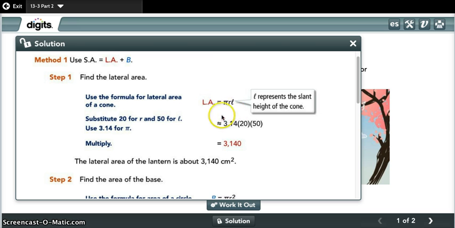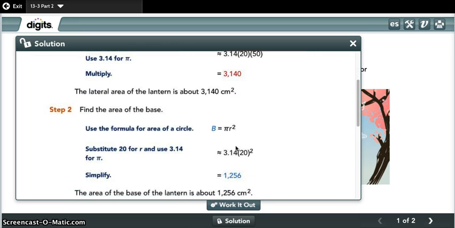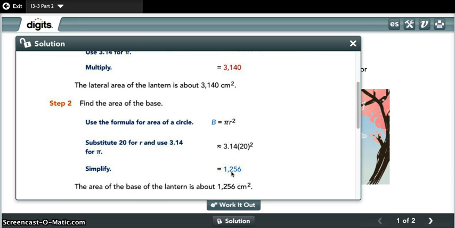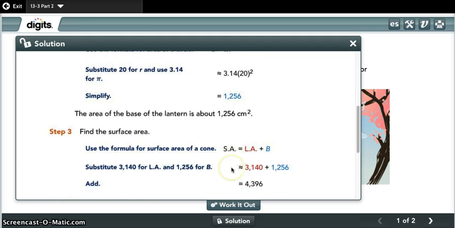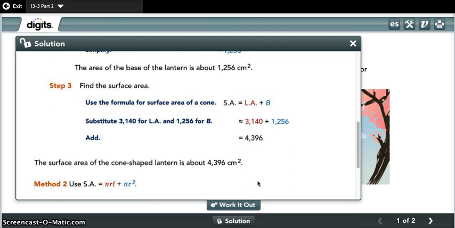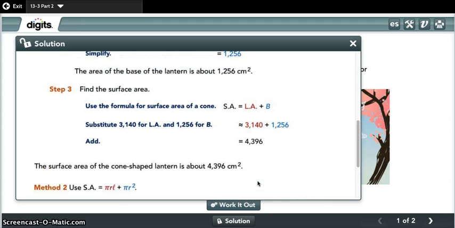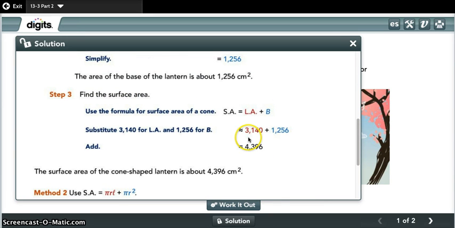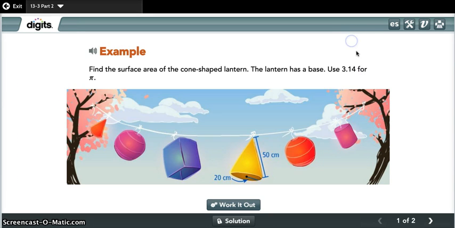So the lateral area, the area around the cone, is pi times the radius times the slant height. And they gave us all of that. So we get this number. And then the area of the base is just pi radius squared, 1,256. Add those two together and you're going to get 4,396. Okay, so here's that one. That's how I would do these problems.